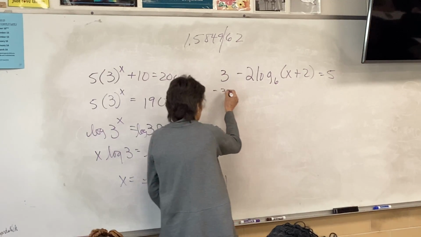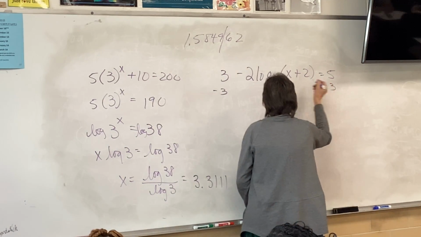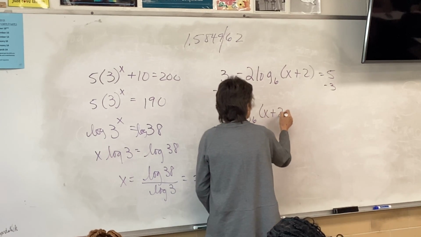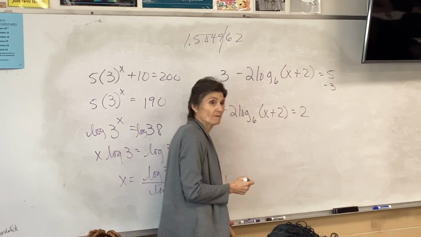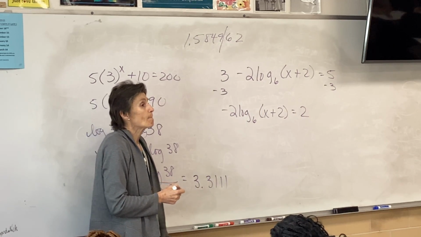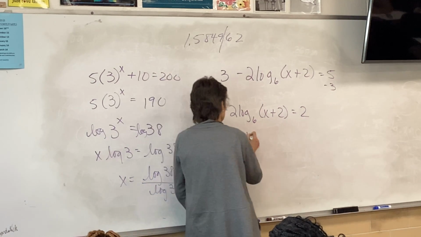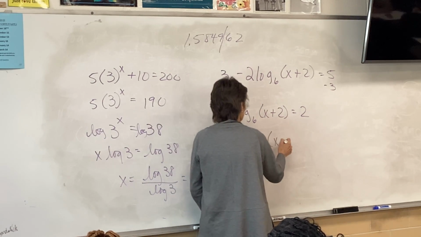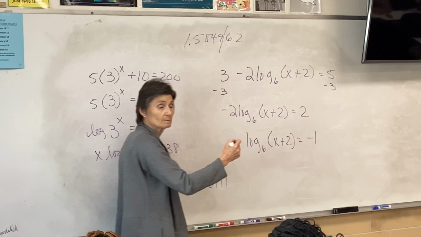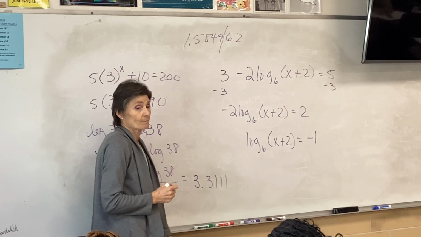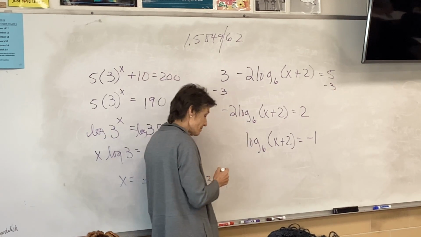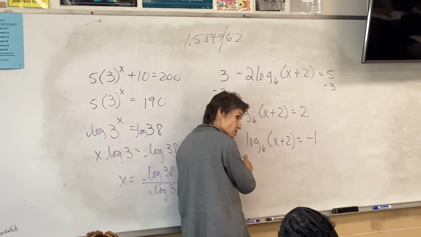First thing I'm gonna do is subtract 3, that's exactly right. So -2 log base 6 of x plus 2 equals 2, perfect. Katie? Divide by -2. So log base 6 of x plus 2 equals -1. Then we need to get rid of the logarithm to solve.